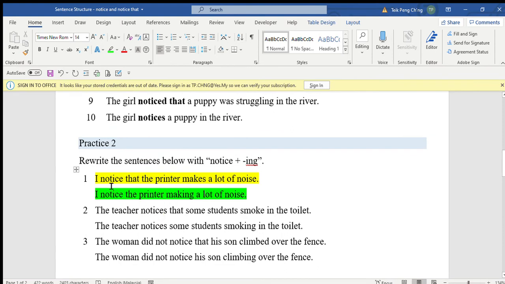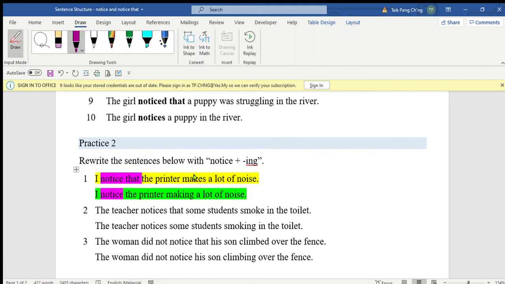In practice number 2, we are dealing with notices, notice that, and notice. If you want to use notice that, you have to write the normal sentence, which means you have to use the singular verb.